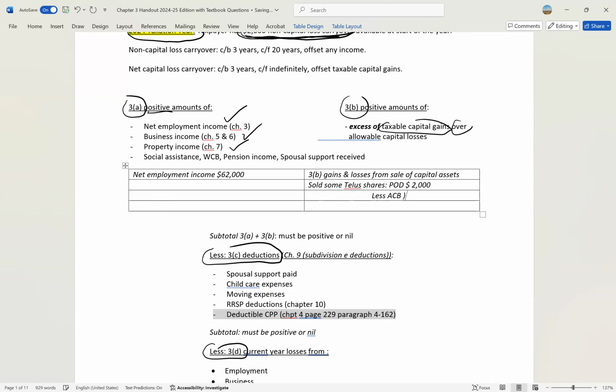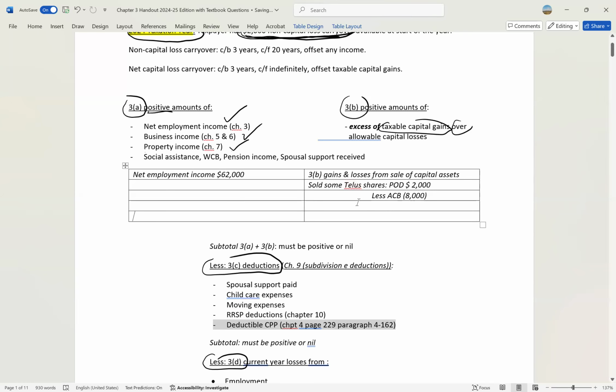And let's say they bought the shares for $8,000. So in this example, they would have a capital loss of $6,000. Now, last week we looked at examples where there were some commissions as well. If they paid any commissions, they would deduct that from the calculation as well. But let's just ignore that for this simple example.